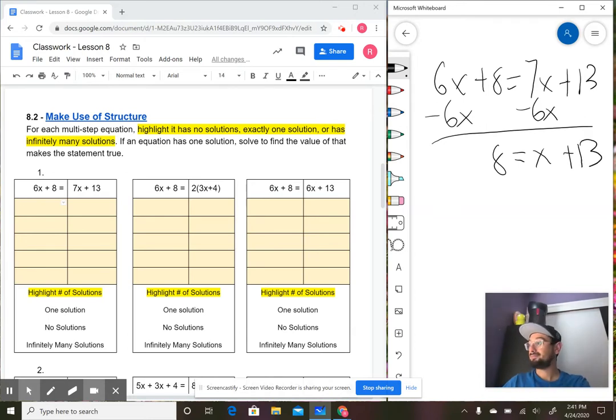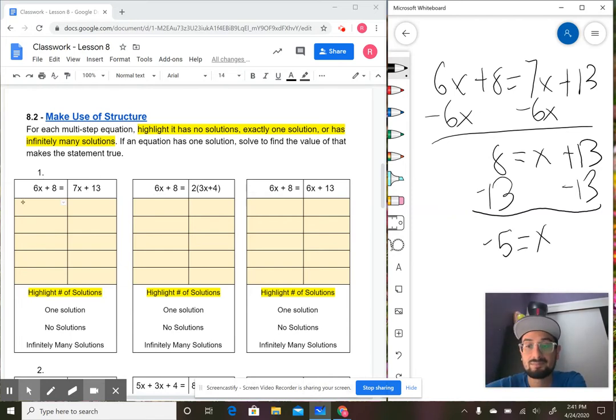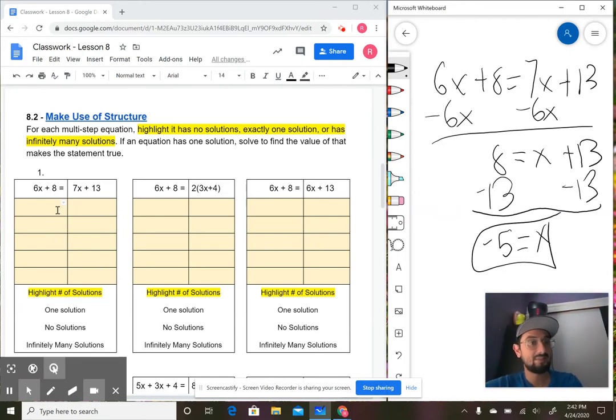Right? Subtract 13. Subtract 13. So you get -5 equals x. Right? -5 equals x. So you just type that in.